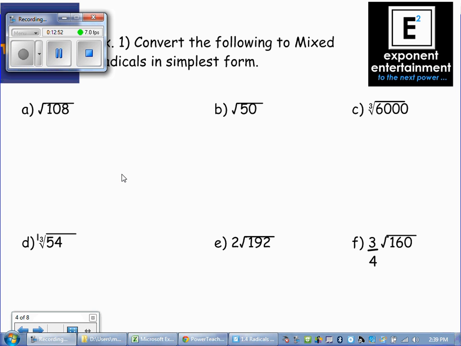Square root it. If you square rooted it, what would you get? A decimal. What do you get here? We just square root of 192. 13.85? That's no good, right? So what do we want to do?